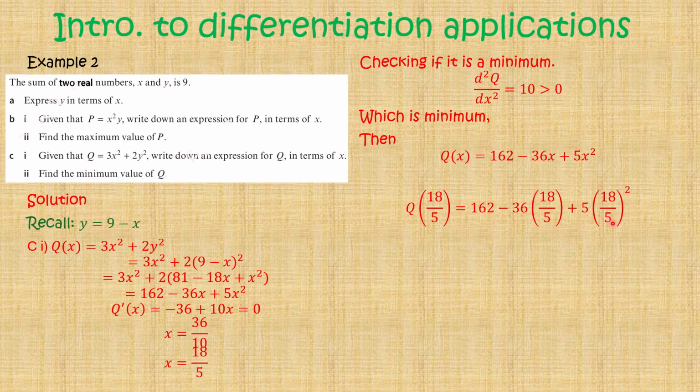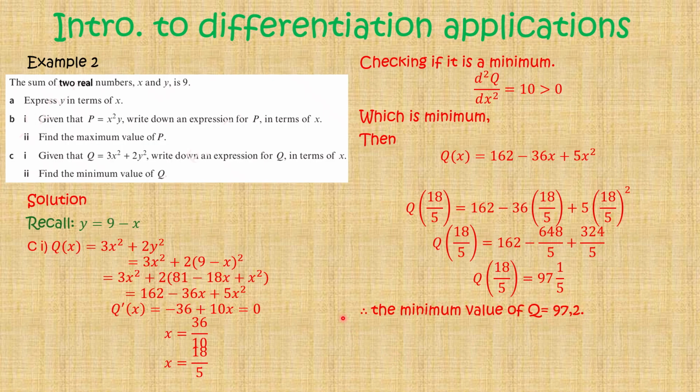Now simplifying further, we get that bit. And going on to simplify, we end up having the q of 18 over 5 becoming a positive 97 and 1 over 5. This is the minimum value for q. So with that, we can actually express it as a decimal, 97.2.